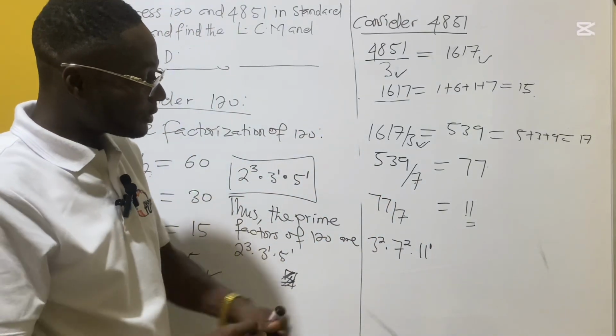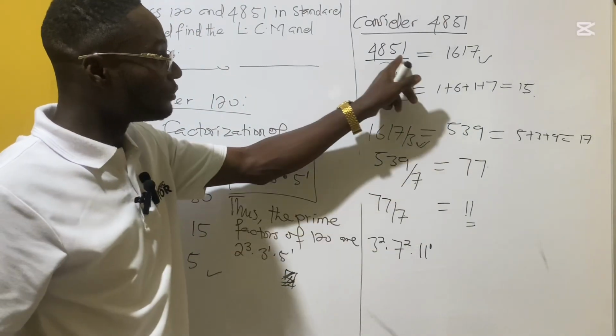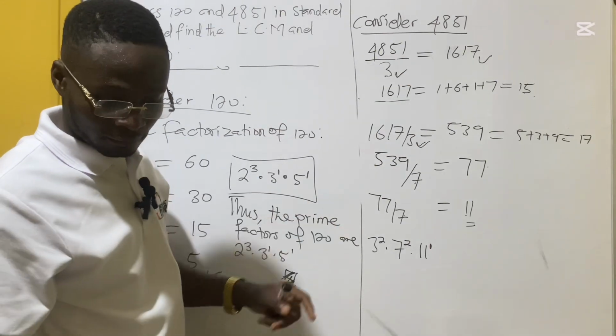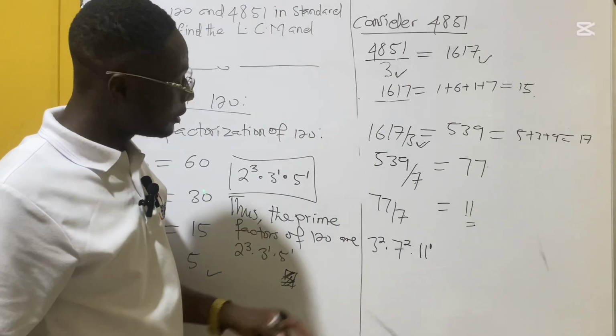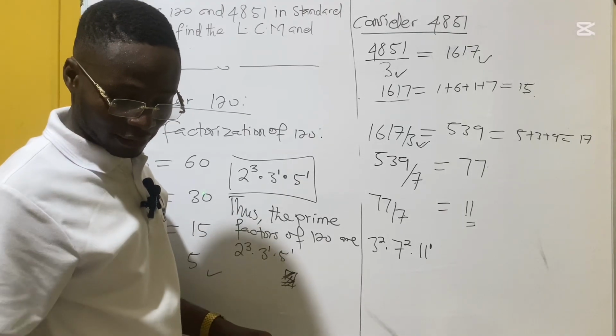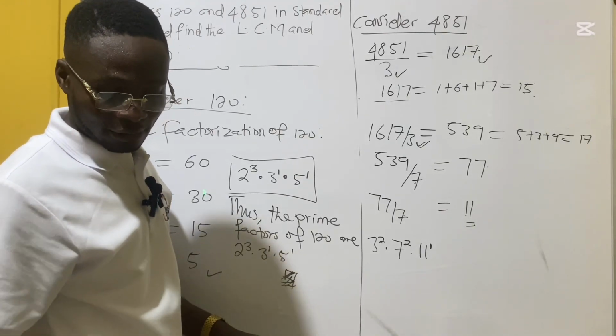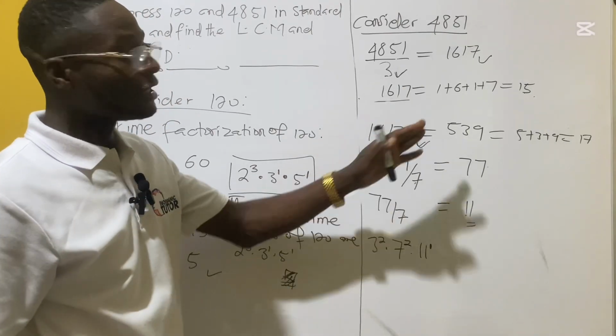So when you multiply this result, it should give you 4851. So we have 3 squared times 7 squared times 11, right? That is 4851.